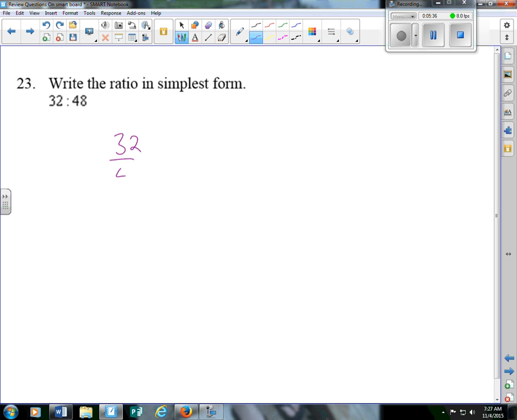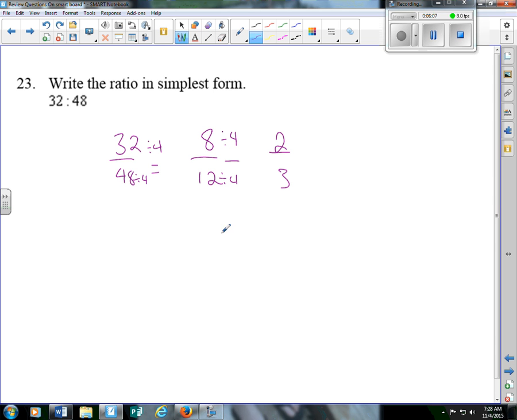32 over 48. I would divide both by 4. You get 8 over 12. Then, oh, I lied. Divide that by 4. You get 2 over 3.